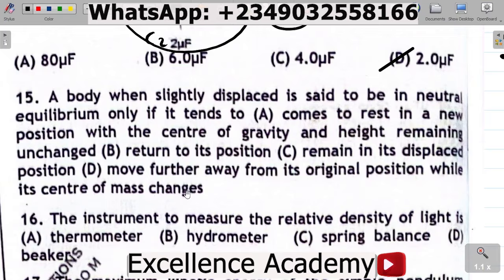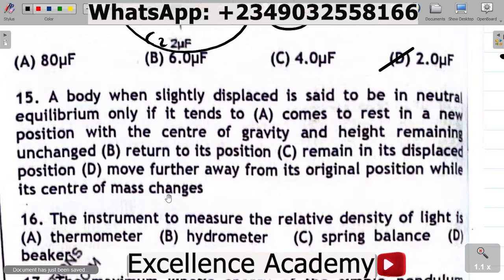Now, for question number 15, you want to note that if a body is slightly displaced for neutral equilibrium, it tends to come to rest in a new position. For such a body to return to its original position, it is in stable equilibrium, and for it to remain in its displaced position, it means no displacement has occurred.